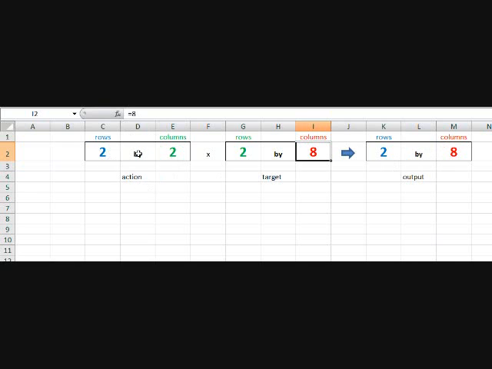A 2 by 2 matrix was acting on that target to give us this output. So we have this output here, and here's the action matrix. So we know right away our target has to also be a 2 by 8.